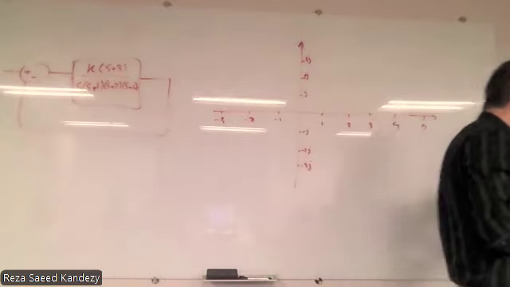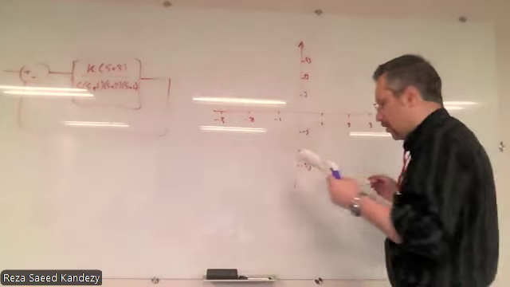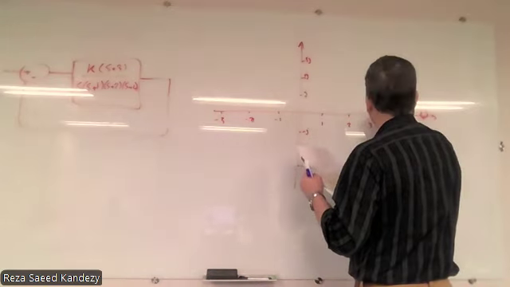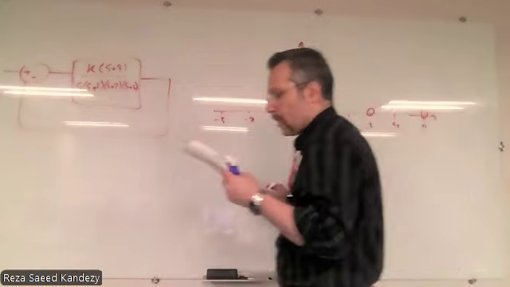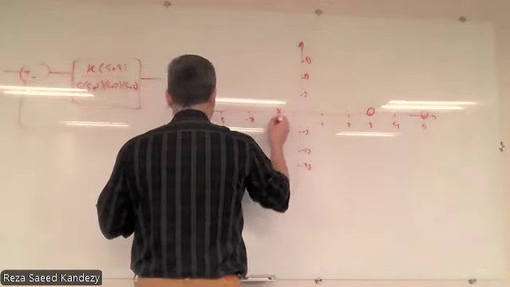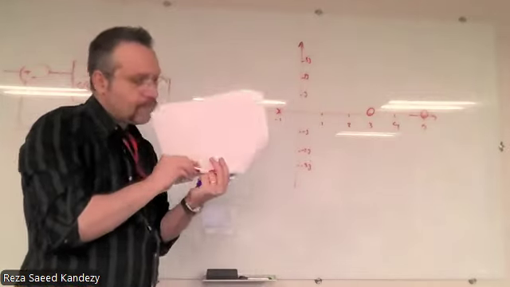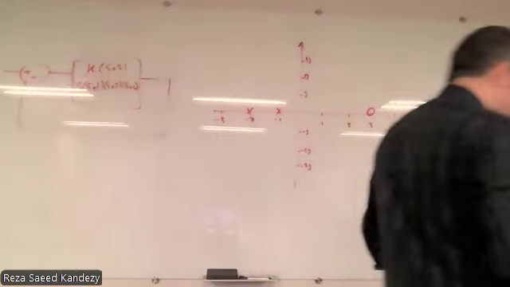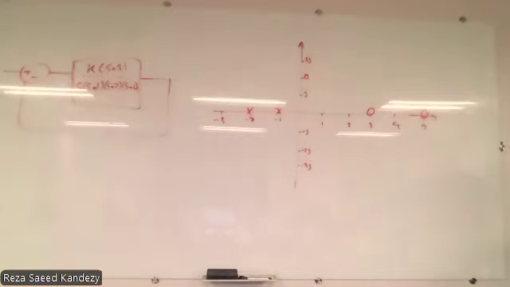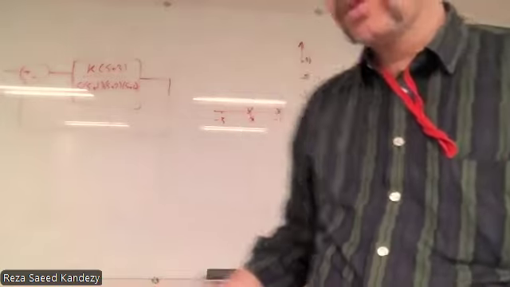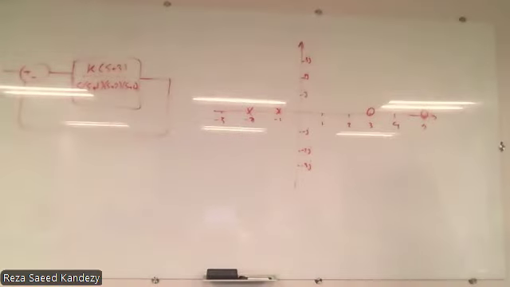We are going to have a zero at 5, a zero at 3, a pole at -1, and a pole at -2. This is our root locus, or the closed loop poles and zeros.